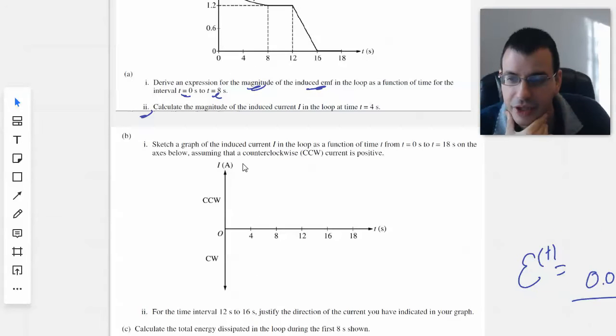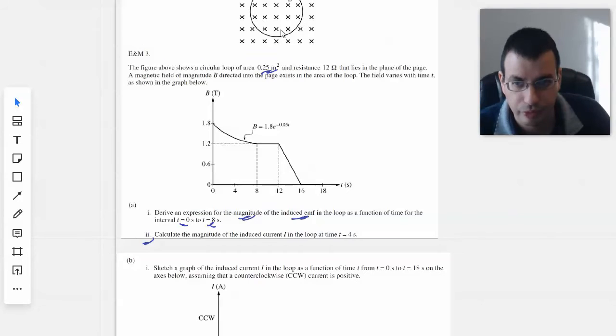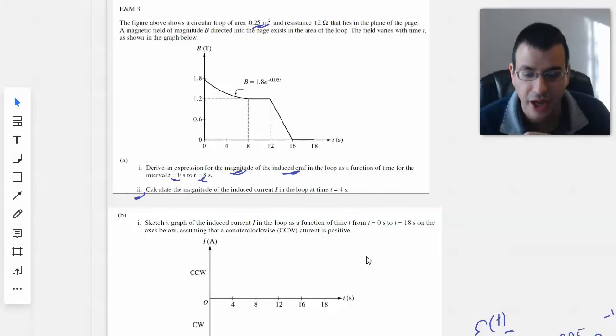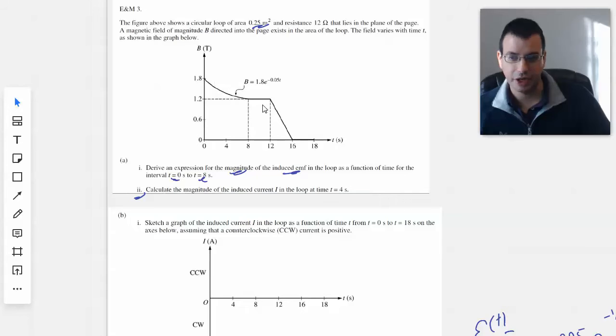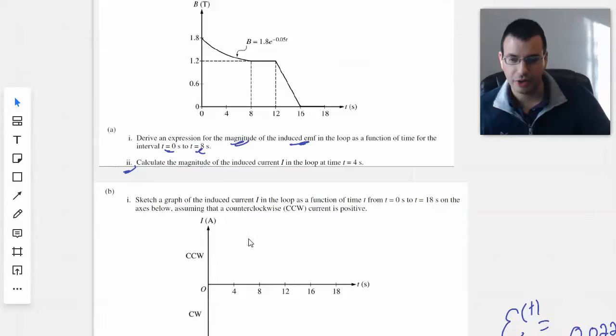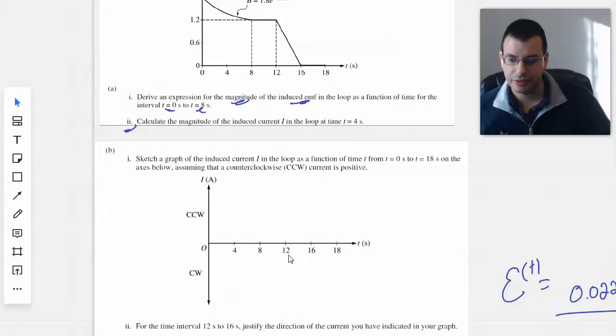Sketch a graph of the induced current I in the loop as a function of time from t equals 0 to t equals 18. Assuming that a counterclockwise current is positive, and they label counterclockwise and clockwise is positive.